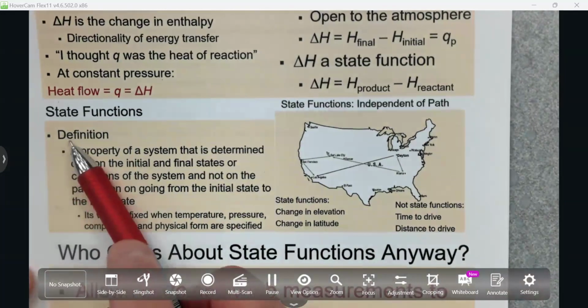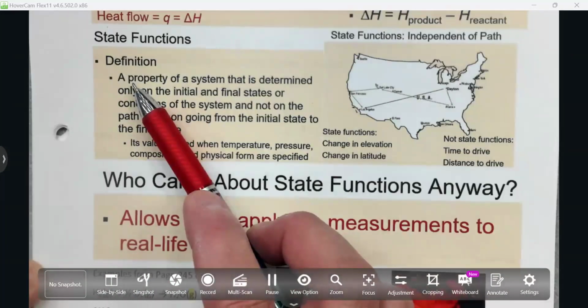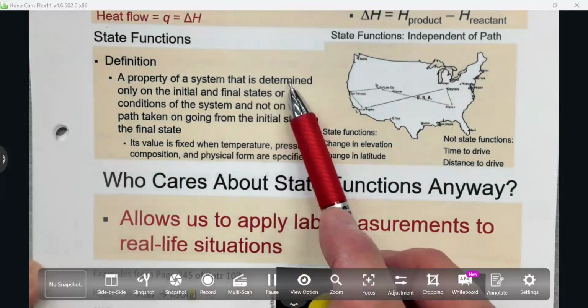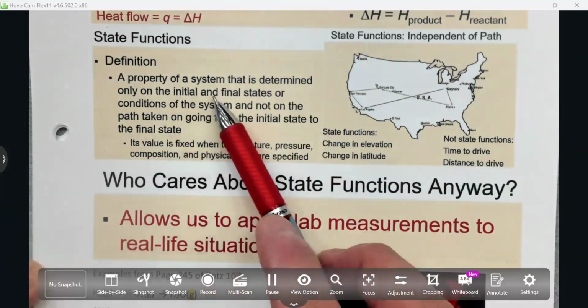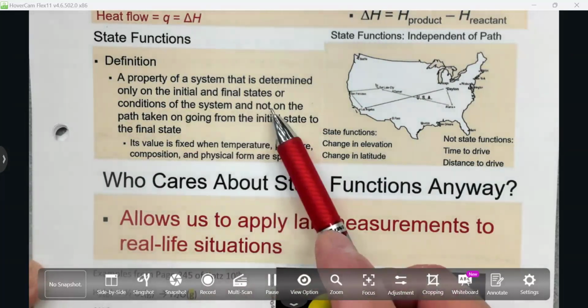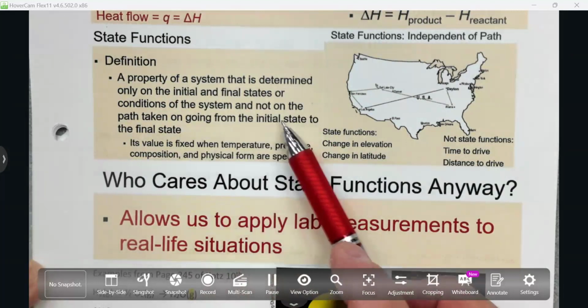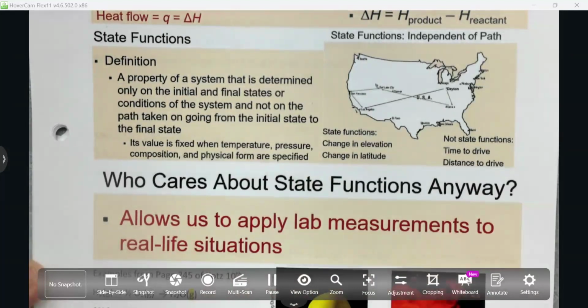Now, enthalpy is a state function. What is a state function? Definition: a property of a system that is determined only by the initial and final states or conditions of the system and not by the path taken in going from the initial state to the final state.